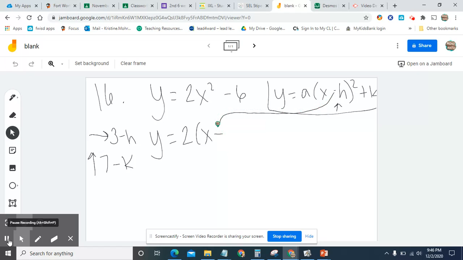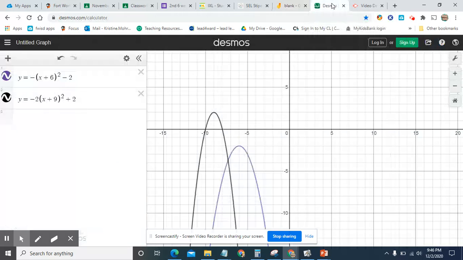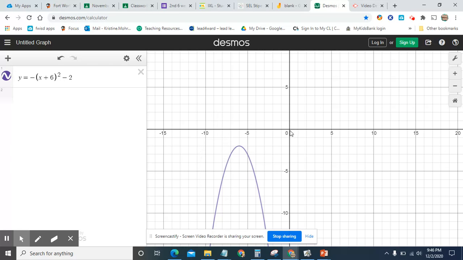And then we need to make it shift to the right. Let me just reread that. Yes, to the right. So if we're looking at our graph, going to the right is a positive number, so I'm not going to do anything special. I'm just going to put 3 because that's how many it was shifting right, squared.